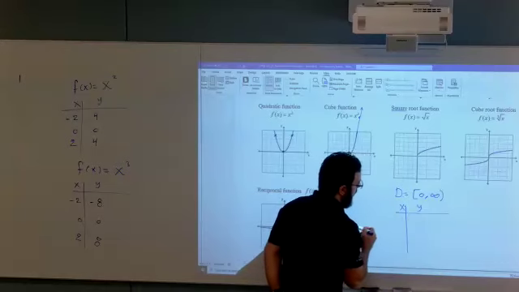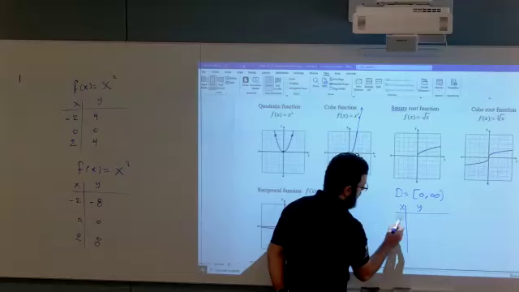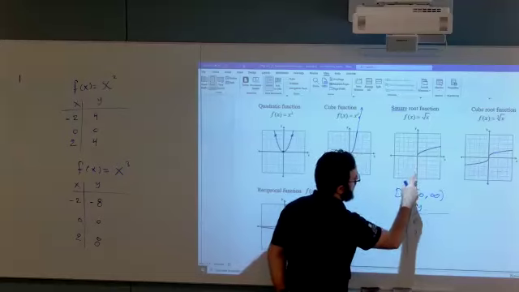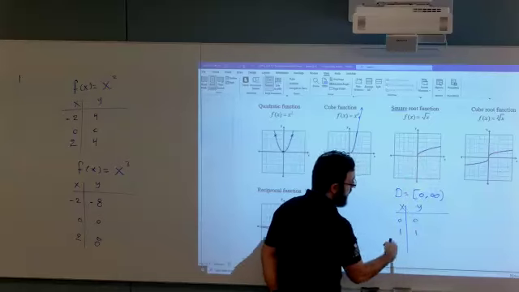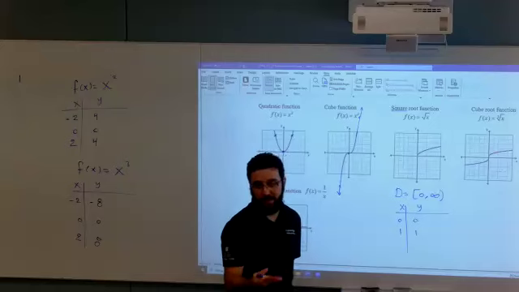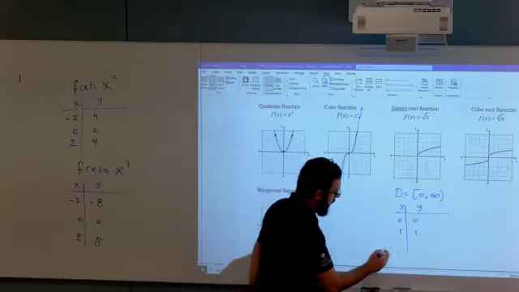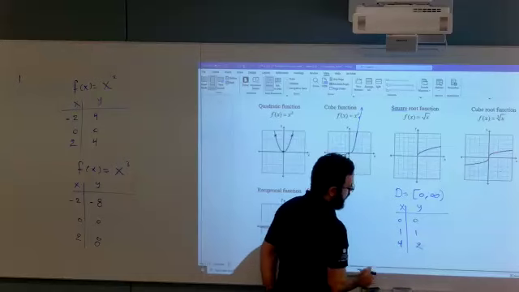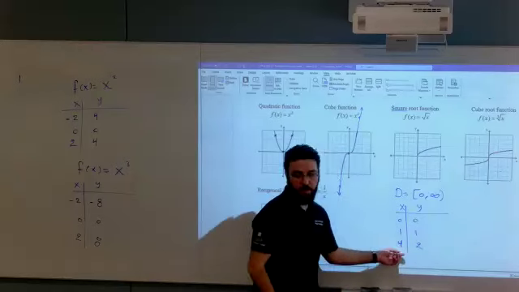x, y. I'm not going to choose 2. I can choose 0. It's going to be 0, 1, 1. But if I choose 2, it's going to be the square root of 2. It's hard to graph it. So I'm going to choose 4. What's the square root of 4? It's easier to graph this number.